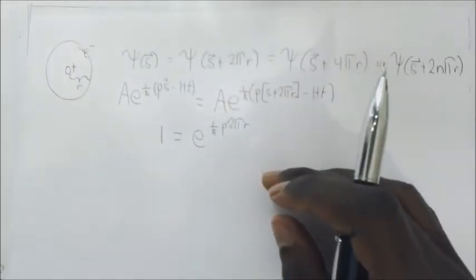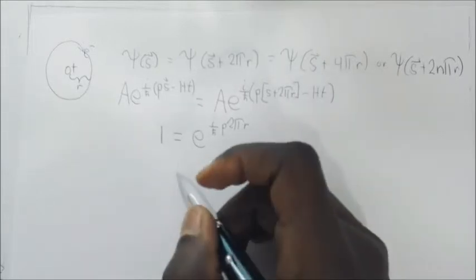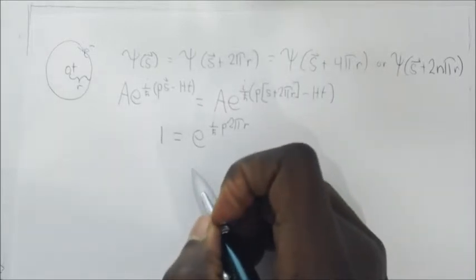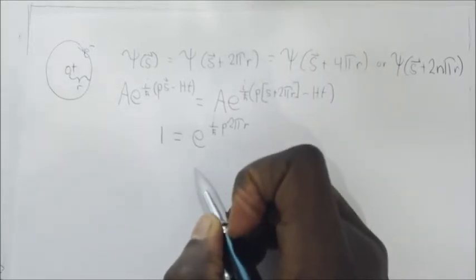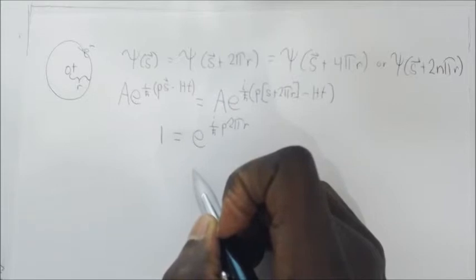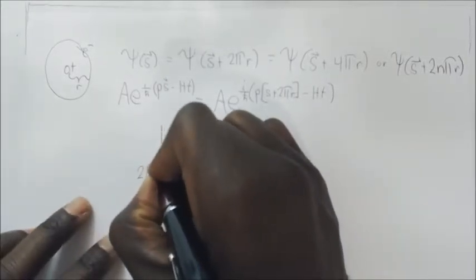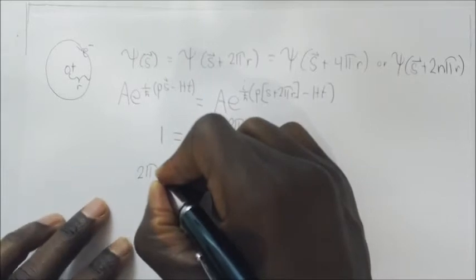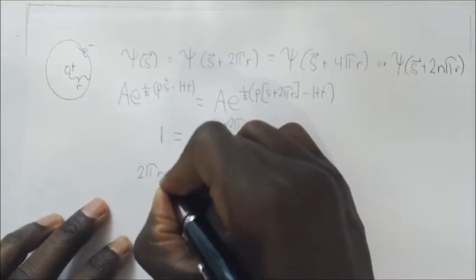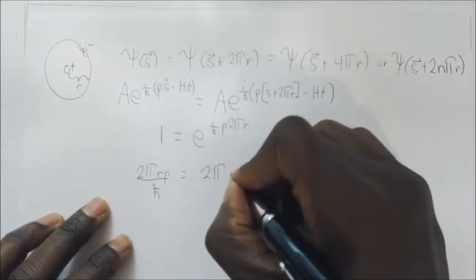Now, because of the Heisenberg uncertainty principle, 0 is excluded because a particle cannot have a total momentum of 0. So in this case, we can say 2 pi r p over h bar is equal to 2 pi n.